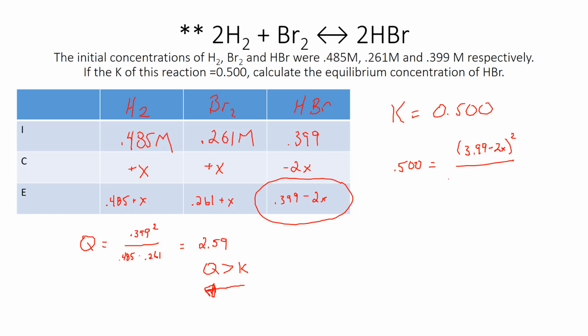It's going to require using the quadratic. And it's going to take up several more minutes. I'm not going to finish up the video by showing all of the calculations here.